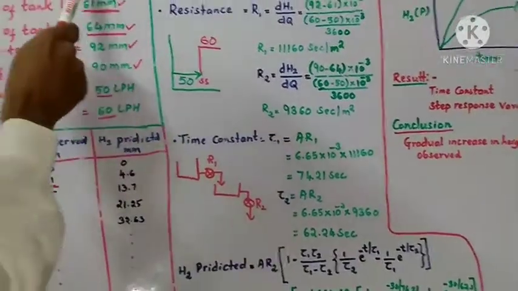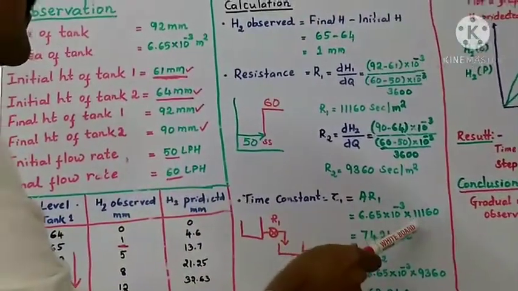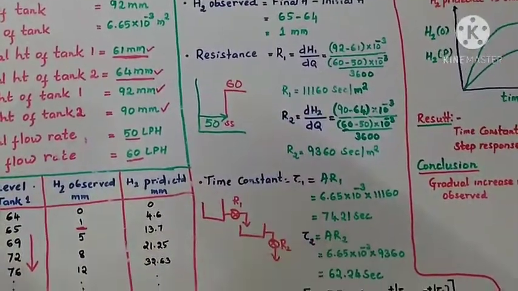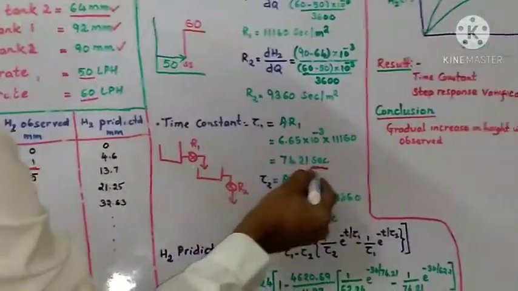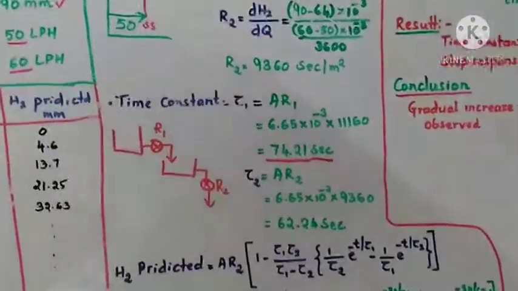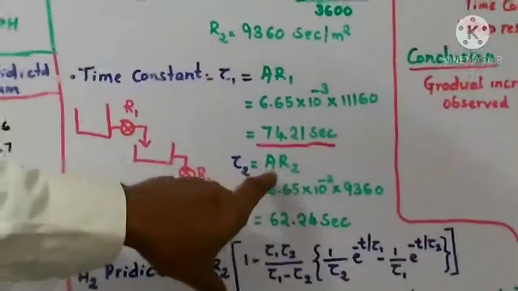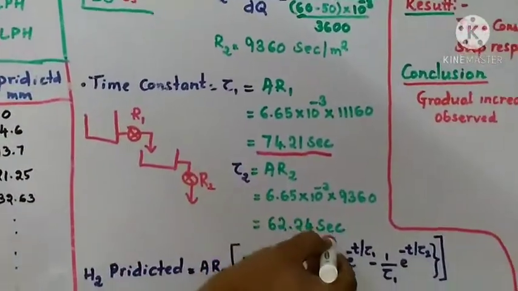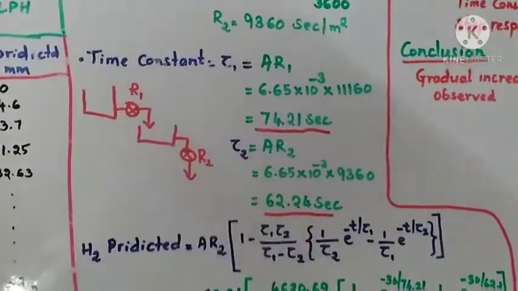What is the area? 6.65. Resistance was 11160. So therefore you are getting the time constant of the first tank as 74.21. Tau 2 is area into resistance 2. Resistance 2 is here. Then tau 2 is 62.24.